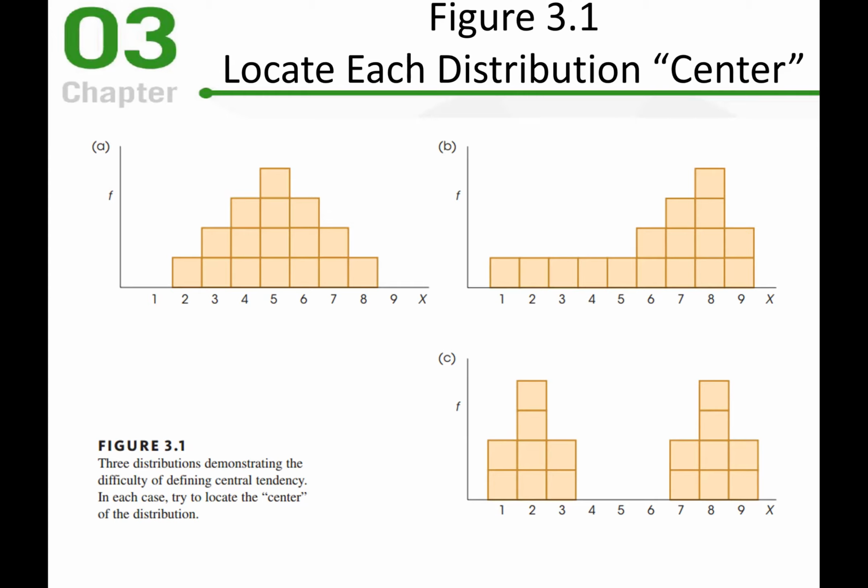So defining center may look different, all right, for different distributions. So for distribution A, if we wanted to know what is the center, what is the number that best represents the distribution, most people would probably say 5. All right, it's in the middle, right, of the distribution.